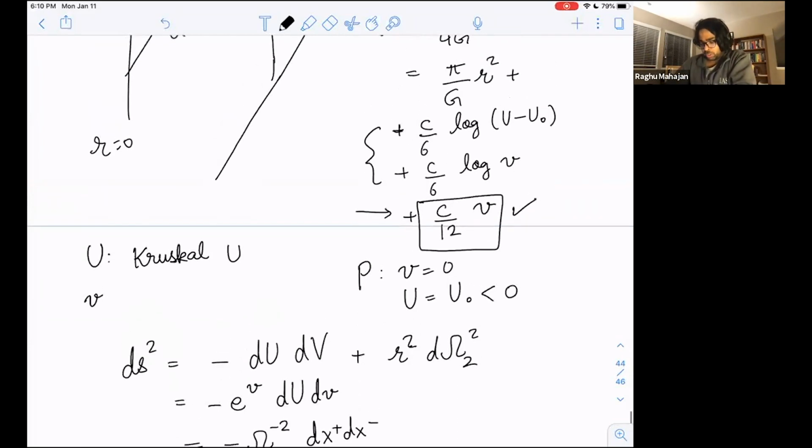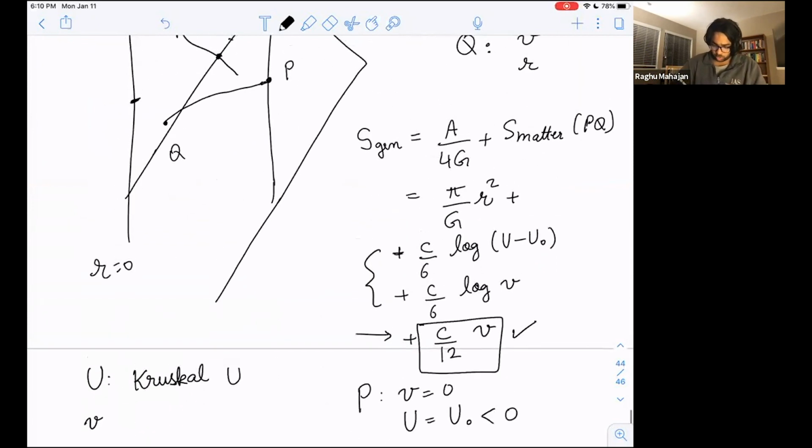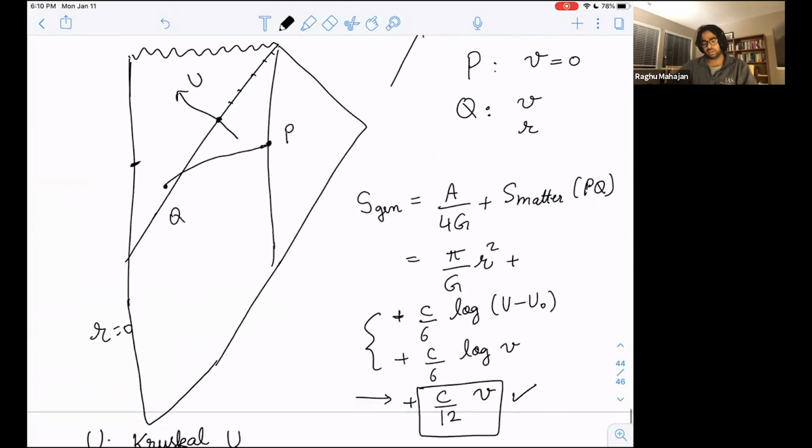And the other two terms are also explained if we explain why it's natural to use capital U and the little v coordinate. Okay, so why is that? It's because of the choice of state. So we always assume that when we are working with an evaporating black hole, the natural state is the Unruh state, not the Hartle-Hawking state, not the Boulware state, but the Unruh state.